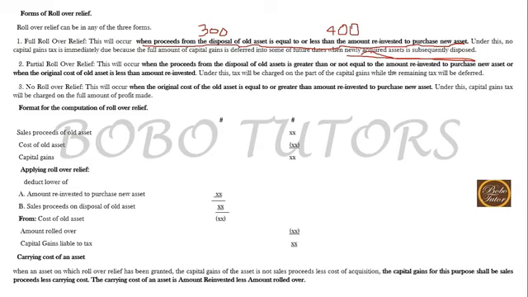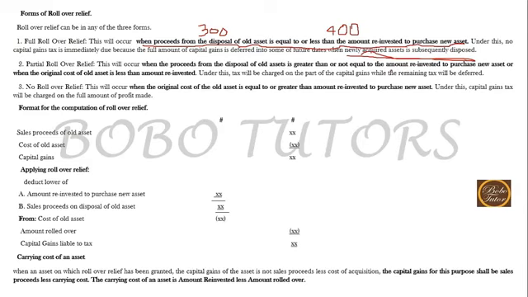If you sold the old asset for 300,000 and you are purchasing another one for 50,000, are you getting it now? That is a partial rollover relief.